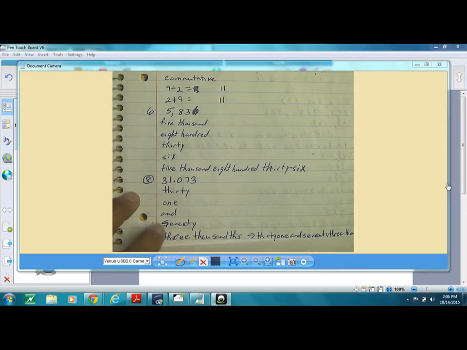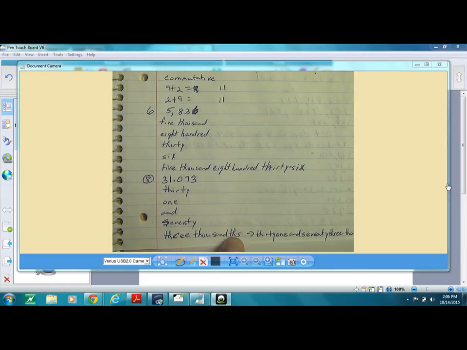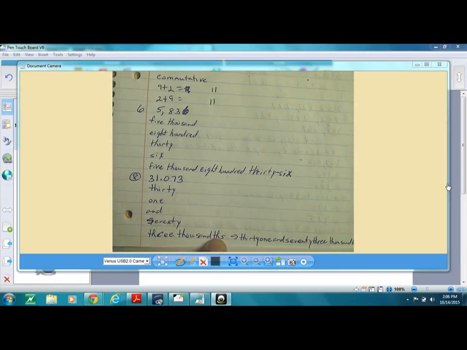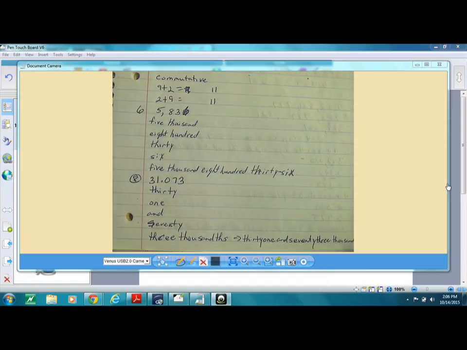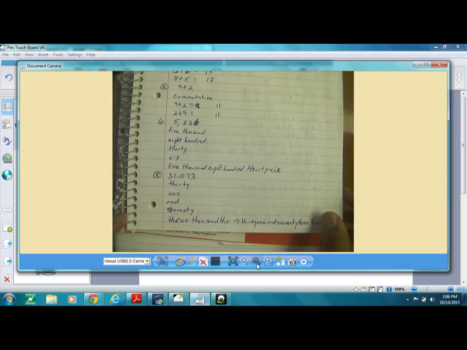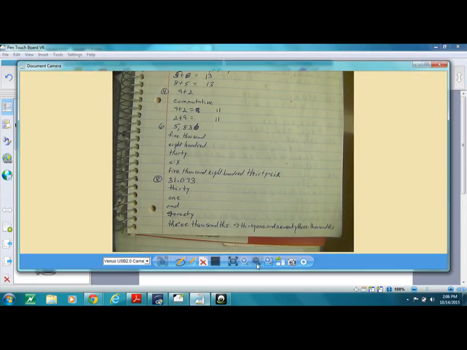So what does that look like when you write it all out? What's that going to look like on your paper? I'll zoom it out a little bit to make sure you will be able to see. But as you write it on your paper, you should have 31 and 73 thousandths.